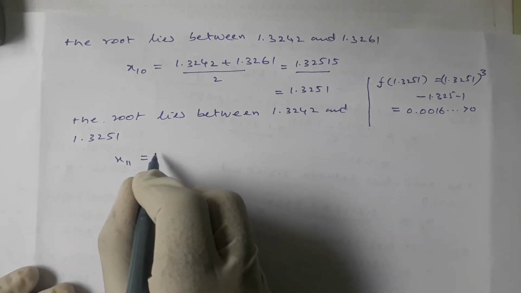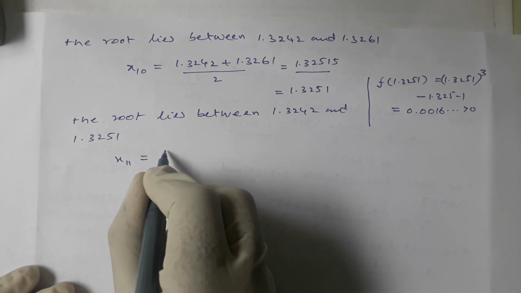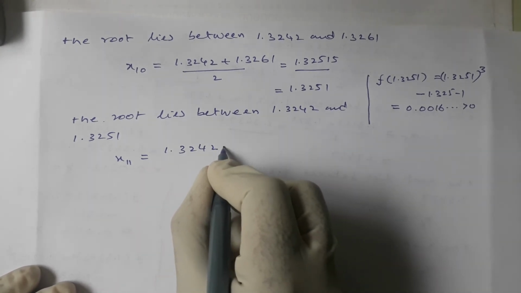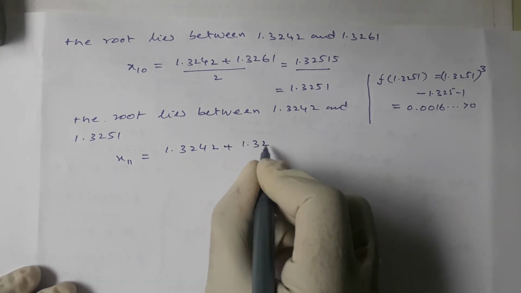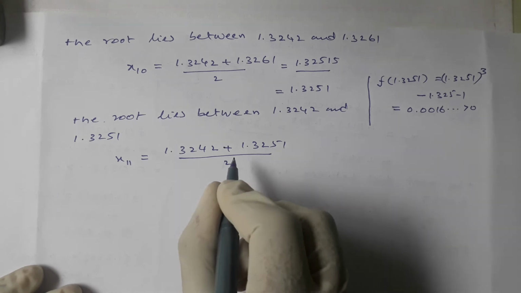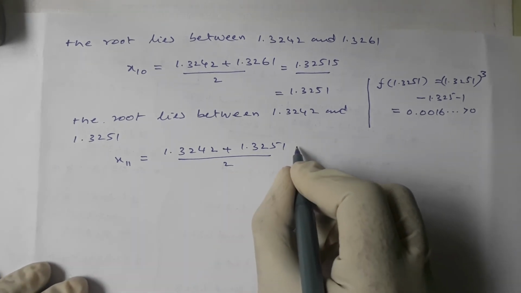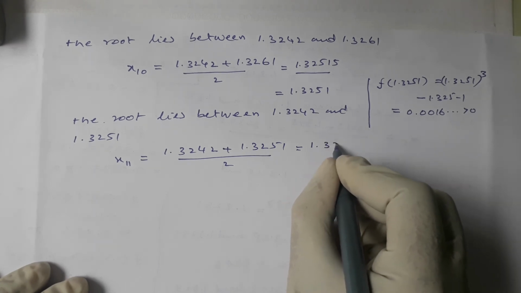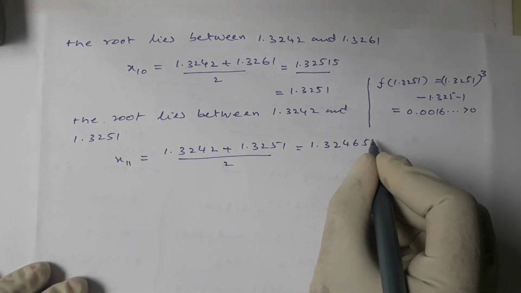Next, x11 is the next approximation root, as the root lies between them. Its average is the next approximation root. It is 1.3242 plus 1.3251 divided by 2, which is 1.32465.